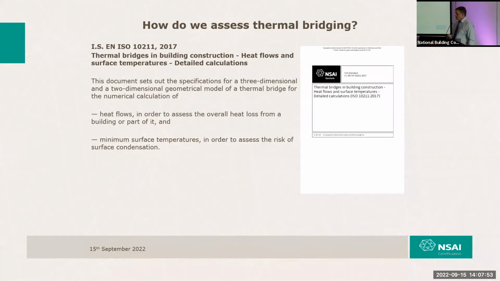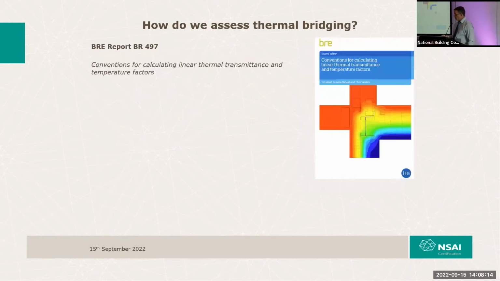We carry out 2D and 3D thermal modeling of junctions to IS EN ISO 10211, and any software package that is validated against that standard fits the requirements for a computer modeling package that will correctly assess Psi values. We follow the conventions, as I said earlier on, that are derived from BRE 497.